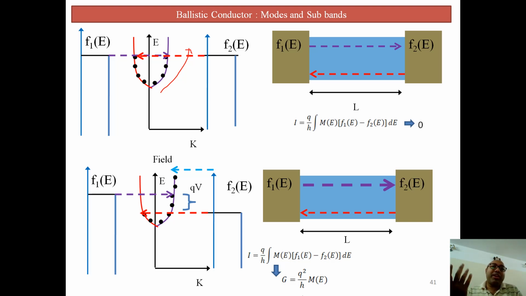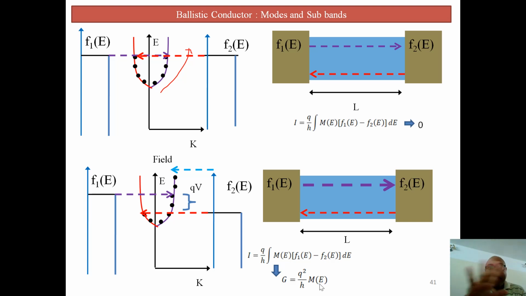But there was a nice experiment, and people found that the conductance or resistance of a small conductor can be derived by this expression: G is equal to q square by h into M. This is a very general formula if you have a small material or ballistic conductor, whatever, a small conductor.